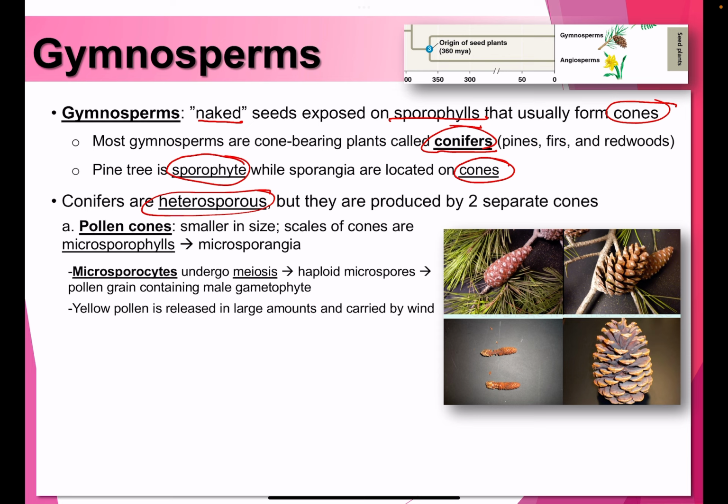You can see that right here in this picture. When you pluck them off the tree, they are very small compared to the other one, and the leaves are also very small. That's why they're made up of microsporophylls, and within each of those microsporophylls is a bunch of microsporangia. Again, that will become your ultimate pollen and then sperm.